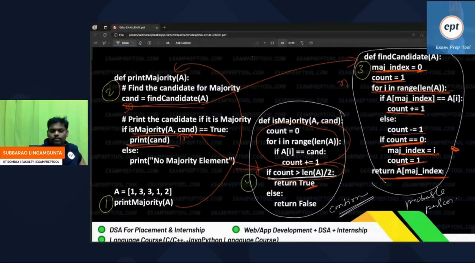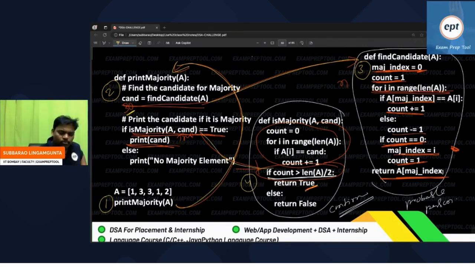That's it. Because space was not available, I wrote in random places. So this is the story. Print majority person. I will go here. Find candidate. He will give 30. Next one: is 30 a majority element? He will go here. Yes, he returns true. So print true. Suppose he returns false, print false. That's it. This is one of the nice algorithms.